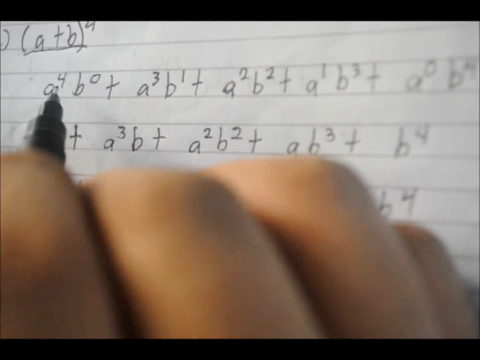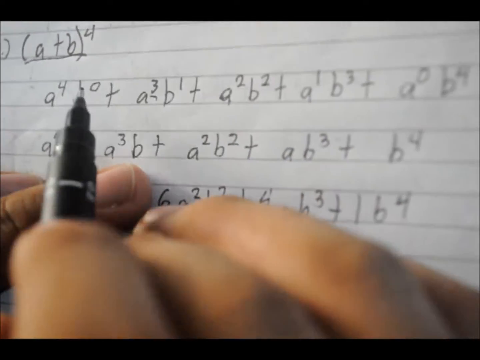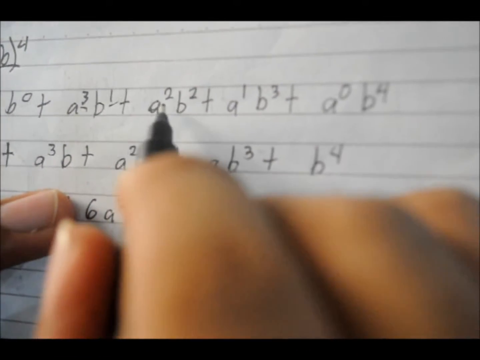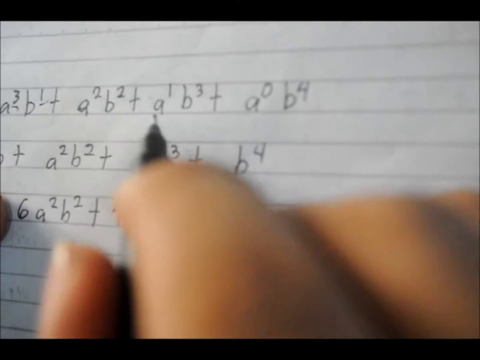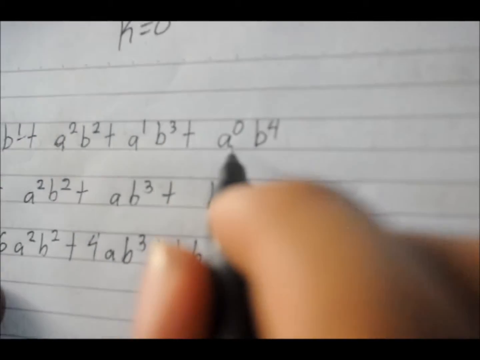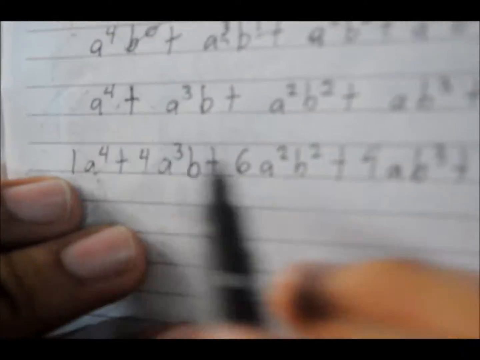Then a^3 b^1: in a raised to 4, the exponent decreases by 1, giving 3, and you add 1 to the 0 of b. Then a^2 b^2, plus a^1 b^3, and a^0 b^4. Then we cancel the 0 exponents.